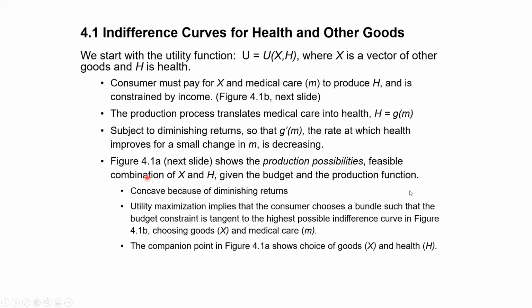You want to maximize your outcome given a bundle of X and M. Given a combination of X and M, what is the highest possible utility that you can reach, given the constraint of your budget? Given your income, what is the highest possible indifference curve that you can attain? This will be shown in the next slide.